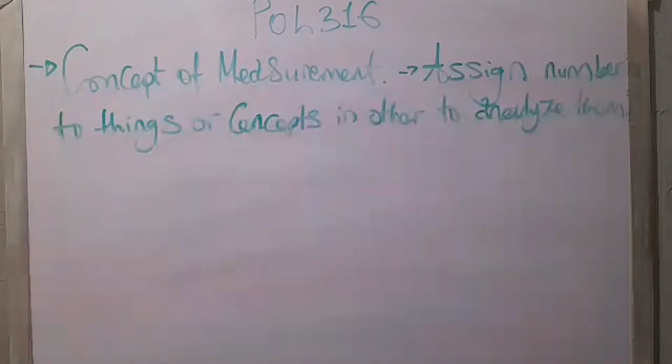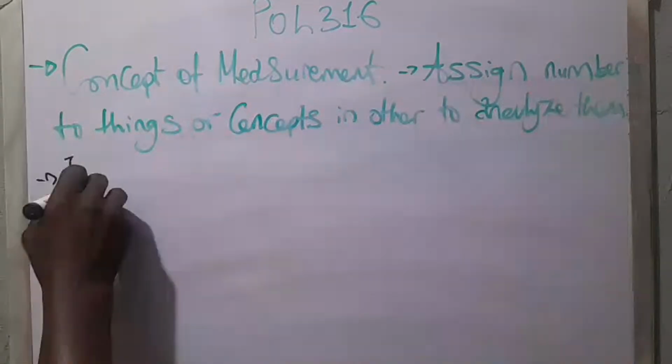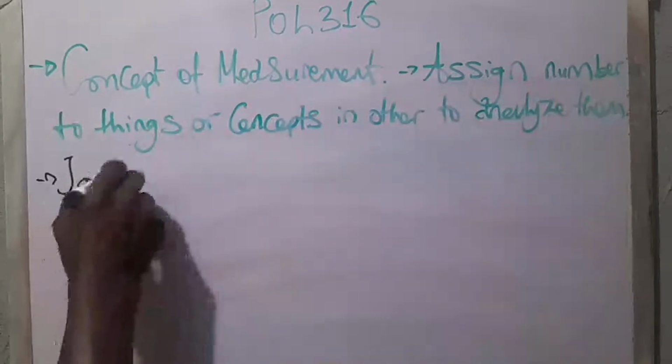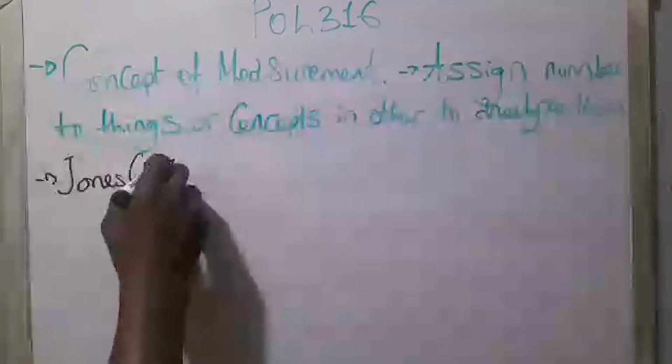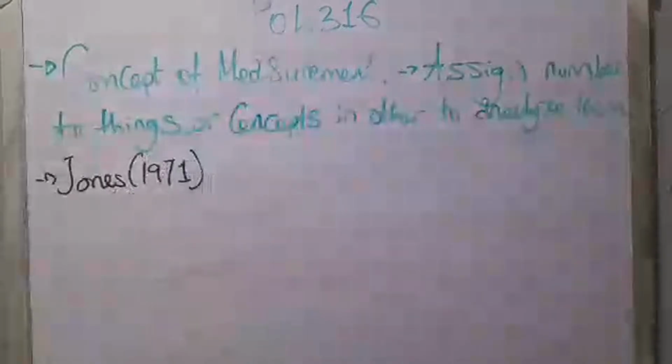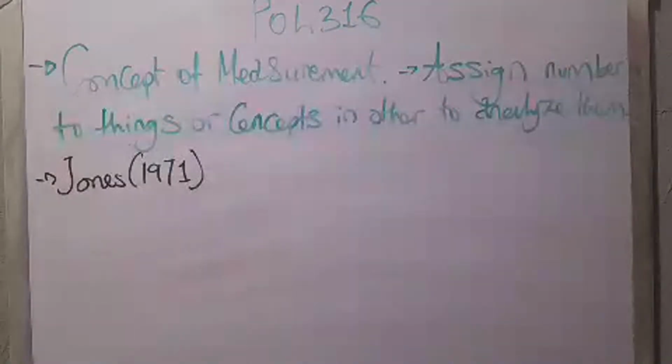According to Jones in 1971, one great contributor when it comes to the concept of measurement as far as political science is concerned, Jones is of the opinion that when we measure something, we are simply assigning numerals to things according to their operational function.